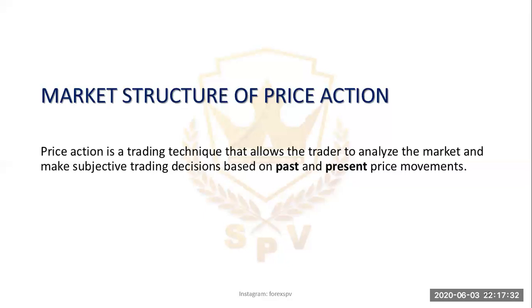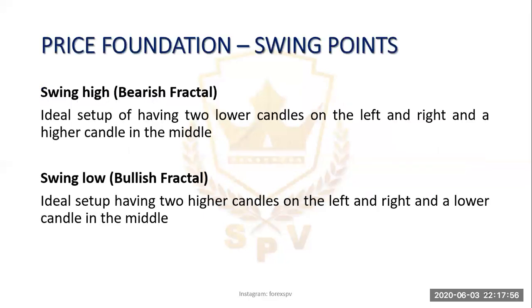Like last year, it formed a pattern on that area, and this year has reached the same level. That's present price movement. And out of the two, we make our subjective trading decision. So we analyze the market based on past and present price movement, and then we make our trading decisions from there. That's action of price.